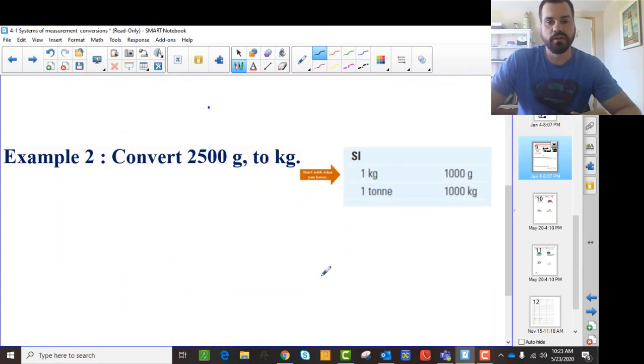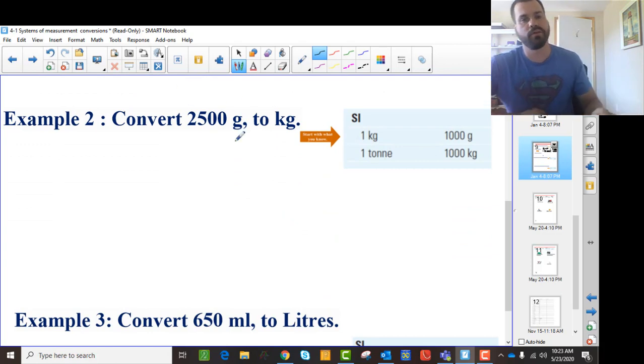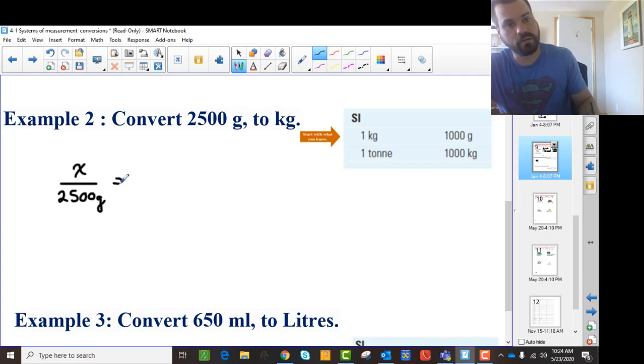So if you're going to do this one, 2,500 grams to kilograms, you can go, how many kilograms are 2,500 grams if 1 kilogram is 1,000 grams.